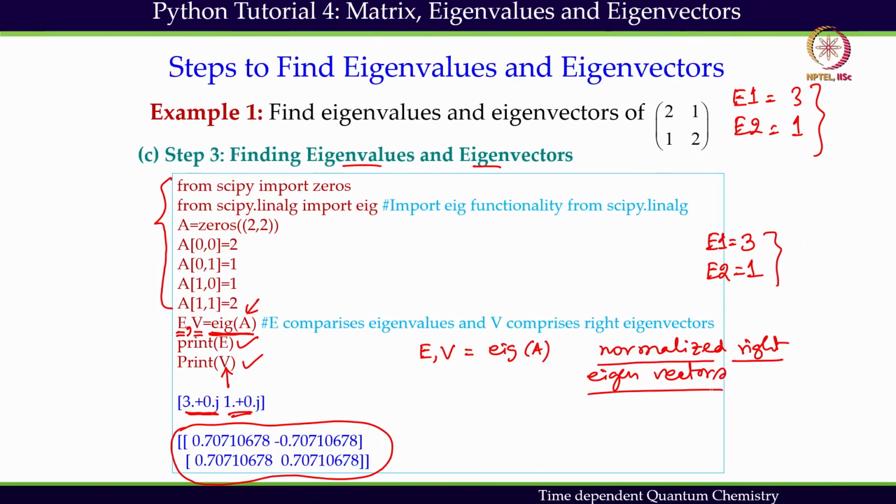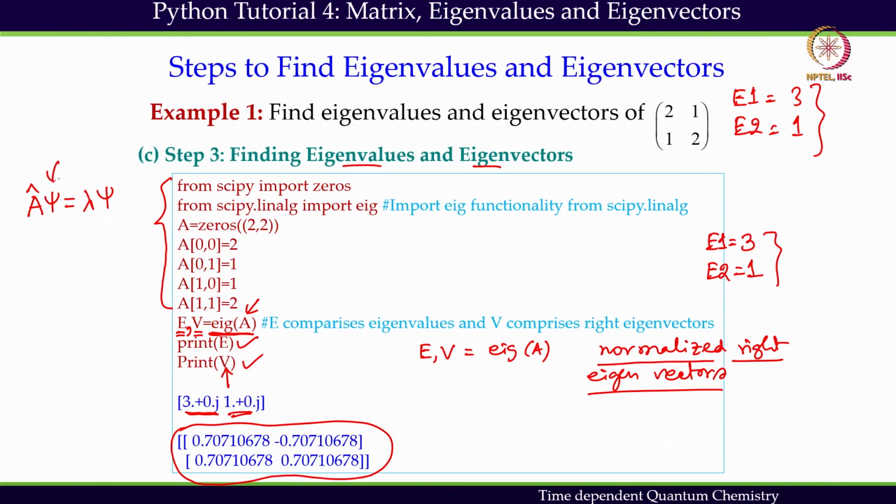Right eigenvectors, what does it mean? I have an operator acting on psi, I get the eigenvalue multiplied by the eigenfunction, the eigenvector.